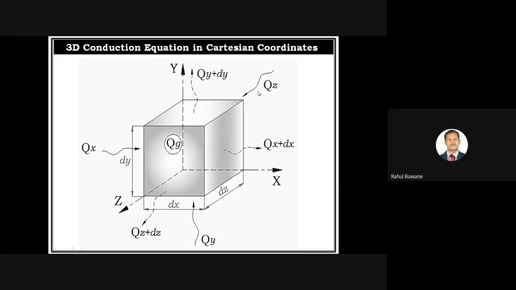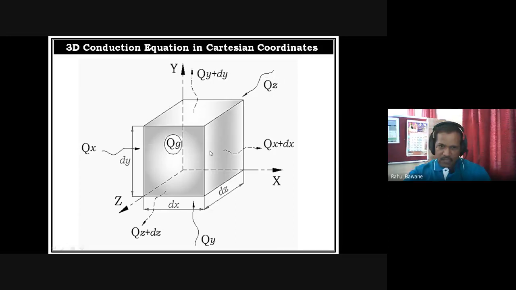In the same manner, Qz is the heat entering the element, passing through the length dz, and coming out as Qz plus dz. This element has a fixed dimension, so dx, dy and dz are not going to change.